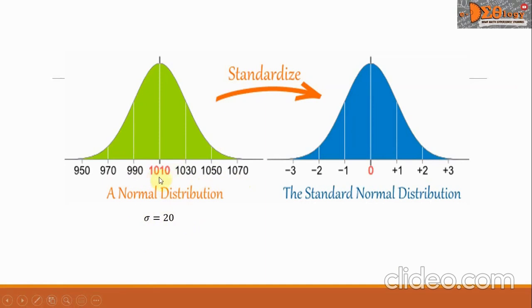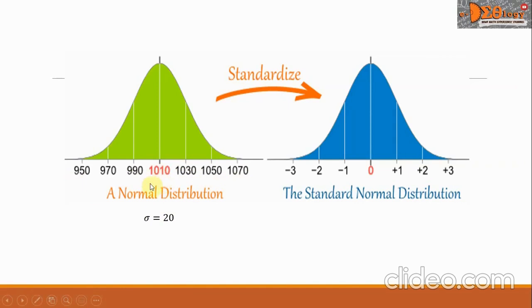The center at 1010, the next number is 1030. The next is 1050, and the last is 1070. The same pattern follows on the left side.